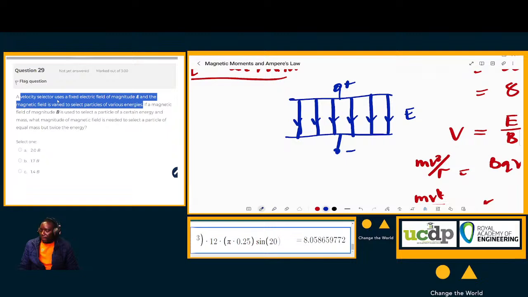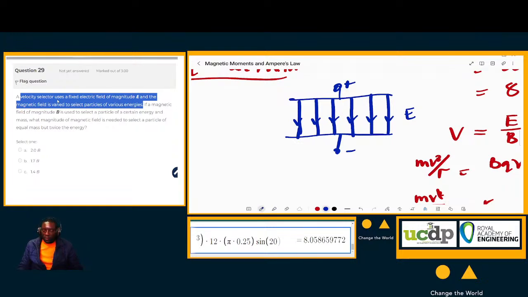Then if we are to have a magnetic field that gives us a force upwards, we can have our magnetic field in this direction. Is the magnetic field to the left?